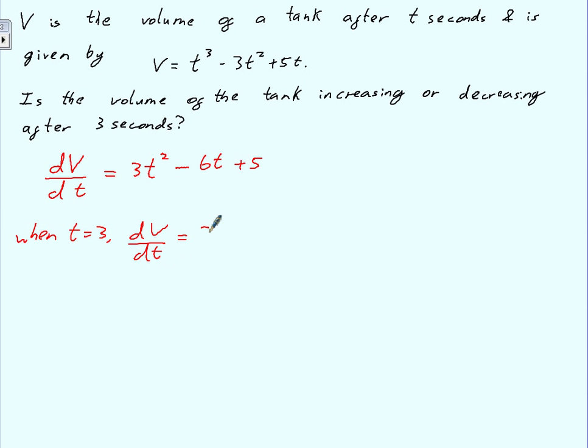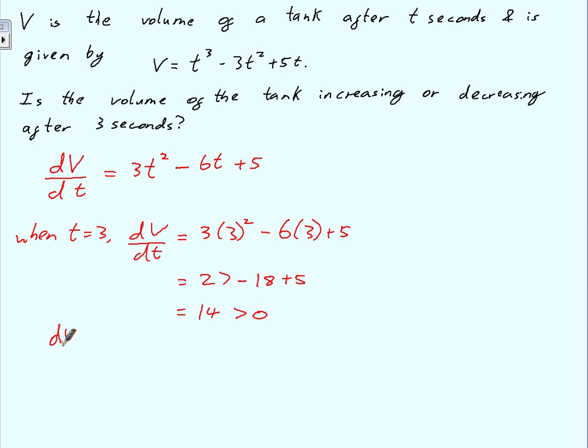Well, the rate of change is 3 times 3 squared, 3t squared, minus 6 times 3 plus 5, which is going to be 3 times 9, 27, minus 18 plus 5, which is 9 plus 5 is 14, which is a positive number.